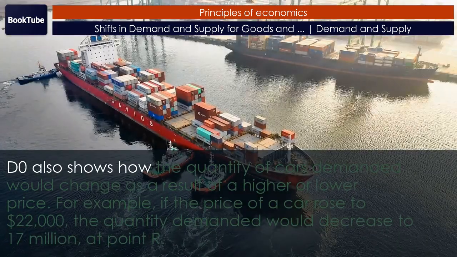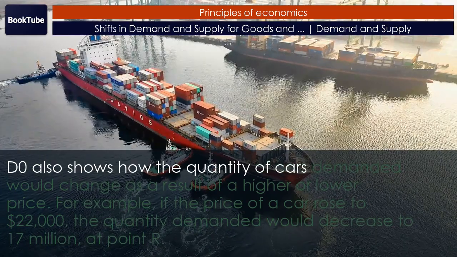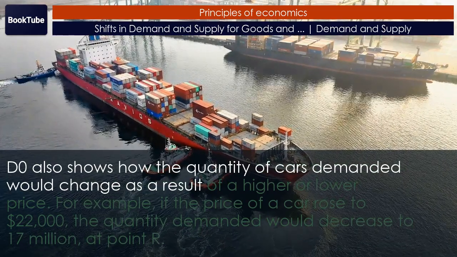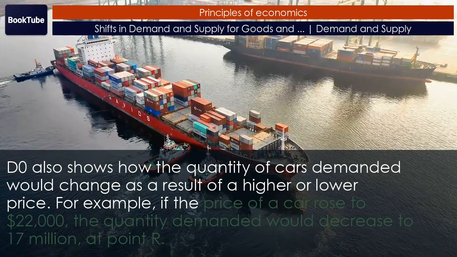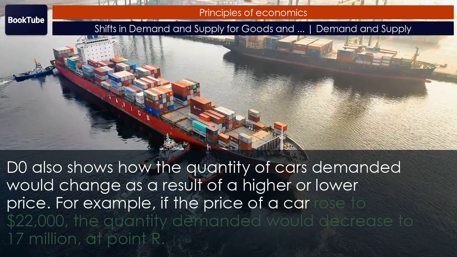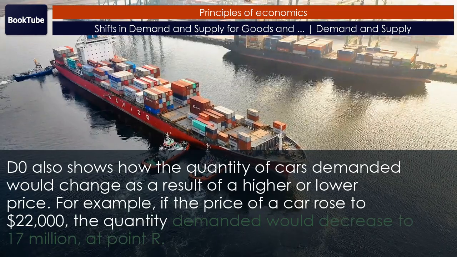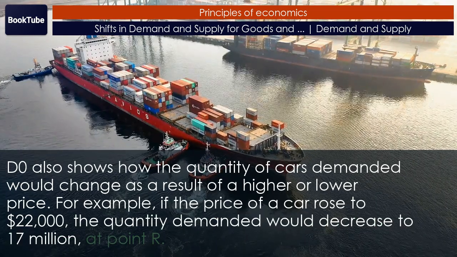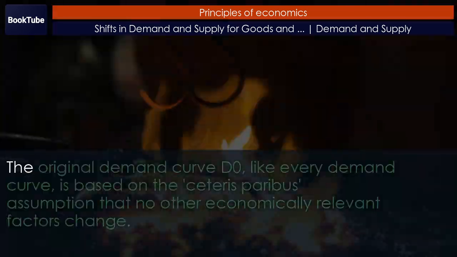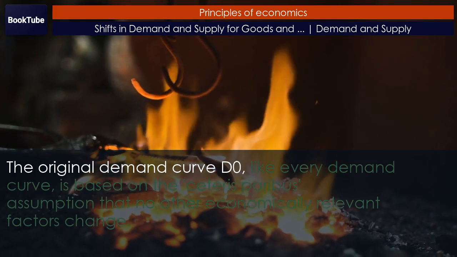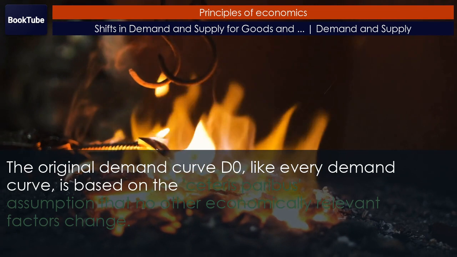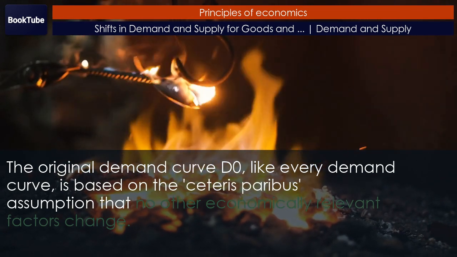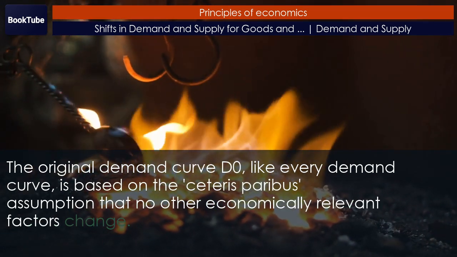D0 also shows how the quantity of cars demanded would change as a result of a higher or lower price. For example, if the price of a car rose to $22,000, the quantity demanded would decrease to 17 million at point R. The original demand curve D0, like every demand curve, is based on the Ceteris Paribus assumption that no other economically relevant factors change.